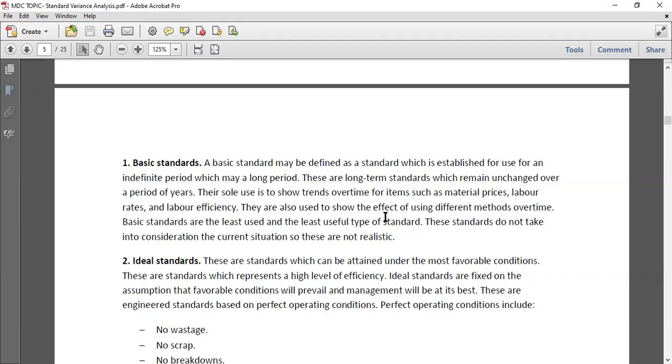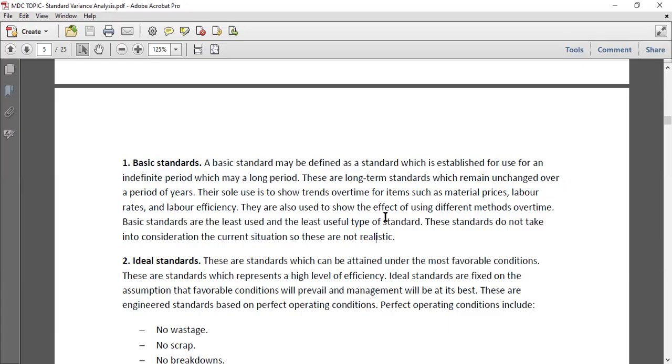And then we have the ideal standards. These are the ones that you generate using your engineering method, and sometimes we call them engineered standards. These are standards developed as a result of perfect conditions.